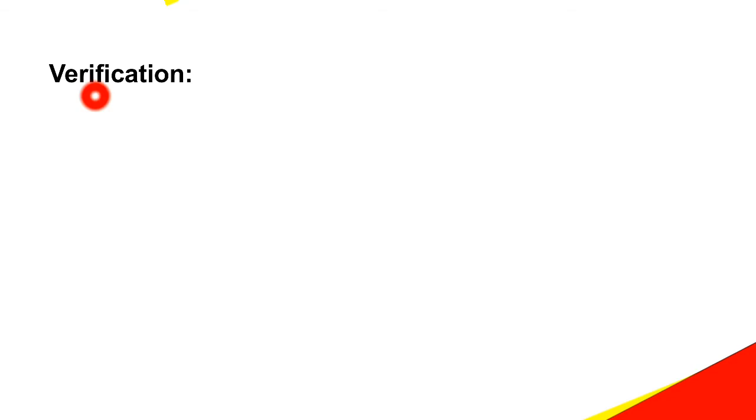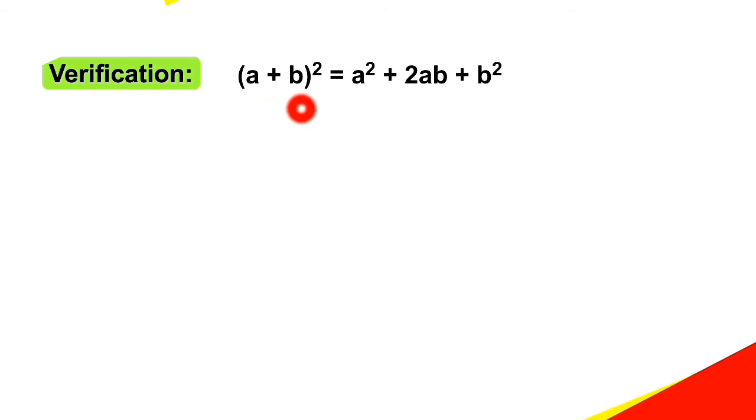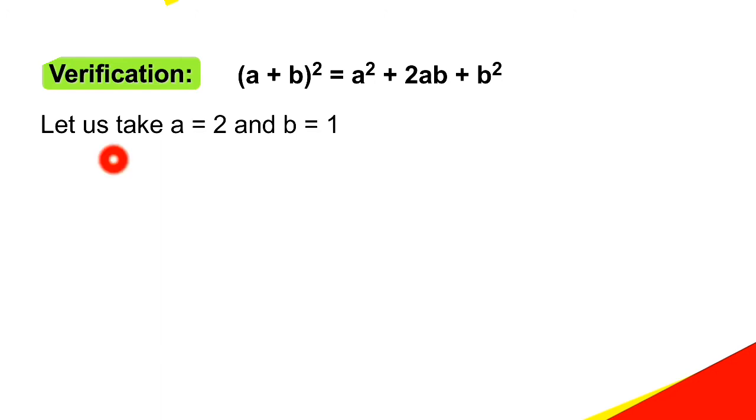Now we are going to do verification. A plus B whole square is equals to A square plus 2AB plus B square. Now let us take A is equals to 2 and B is equals to 1.